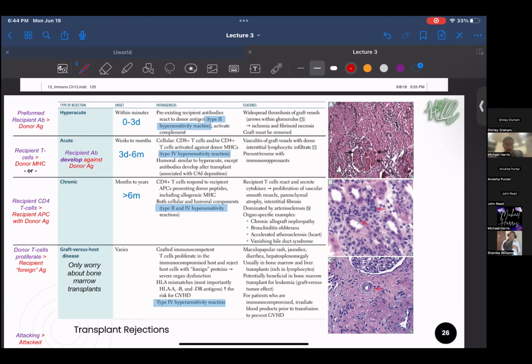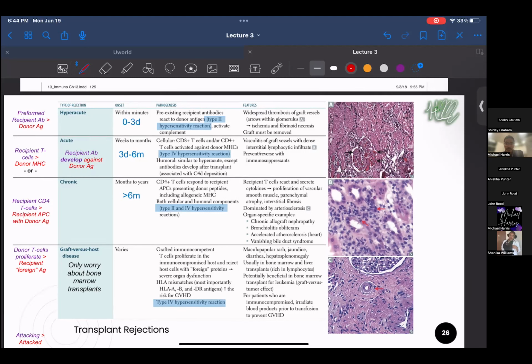This is the big thing you want to do when you're looking at these rejections, because the timeline is markedly different. For instance, with a hyperacute, like I was saying, it's very immediate. It happens right now, like in the operating room, right? Versus acute, which happens later on down the line, up to about 6 months or a little bit longer, but it's well past the initial transplantation time.